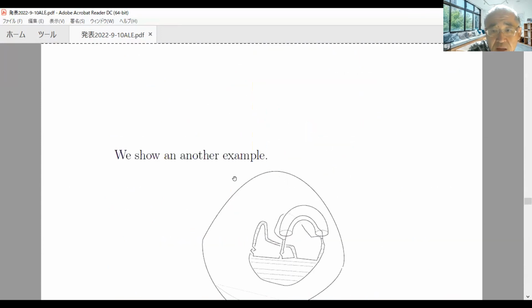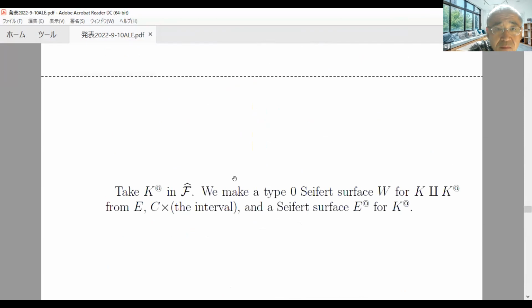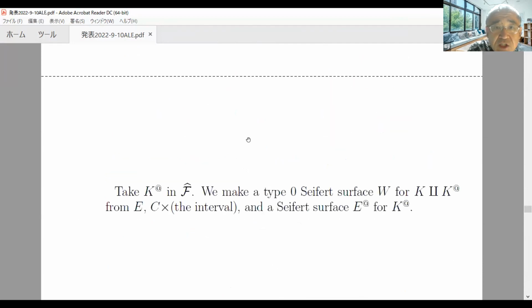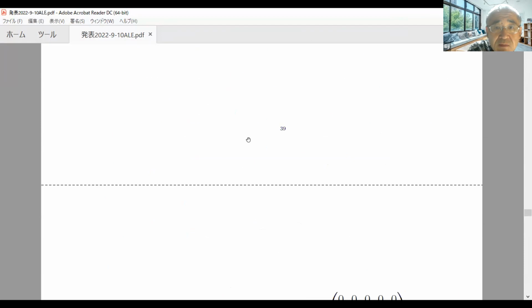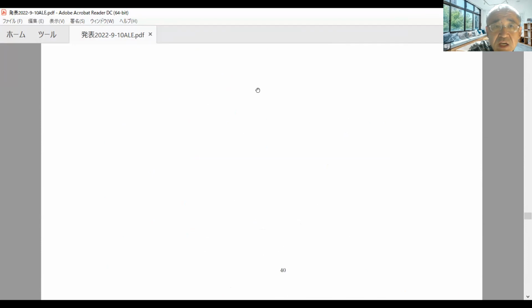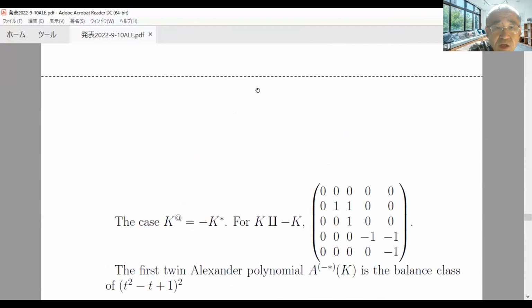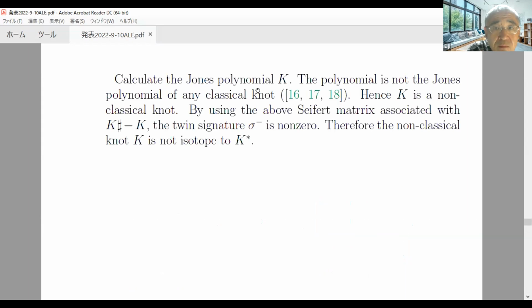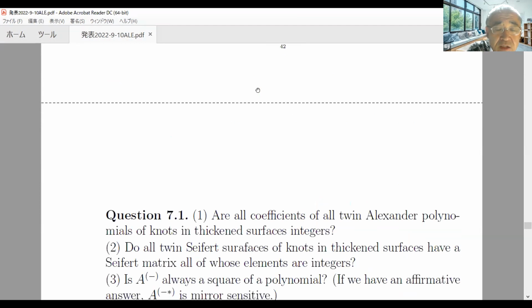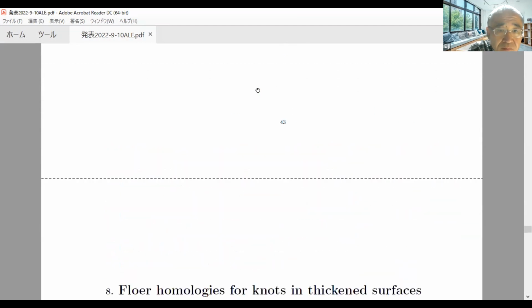We show another example. In this case, the twin signature distinguishes the mirror image. Virtual case: K is non-classical and the twin signature distinguishes the mirror image and original. Oh, I submitted the question.